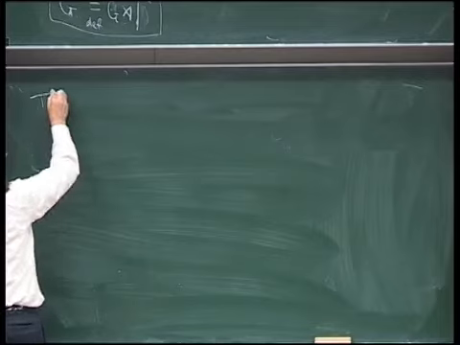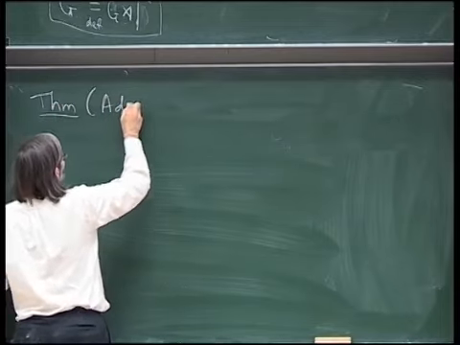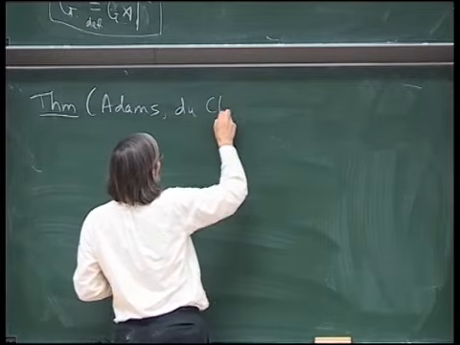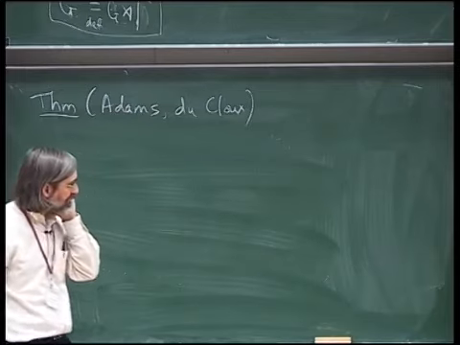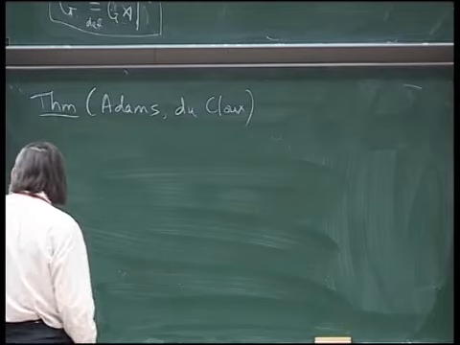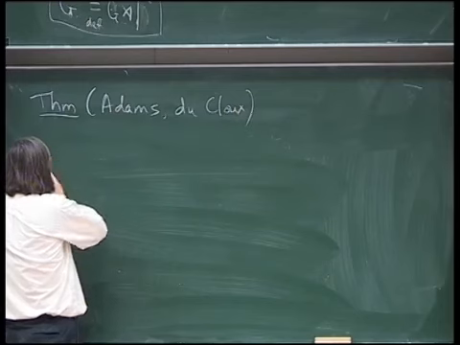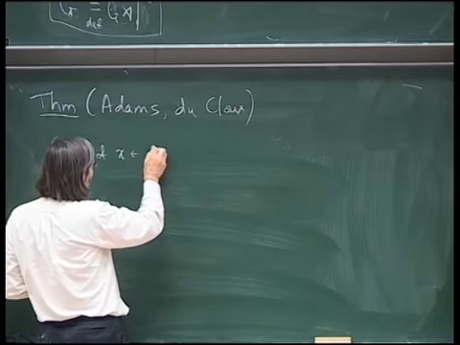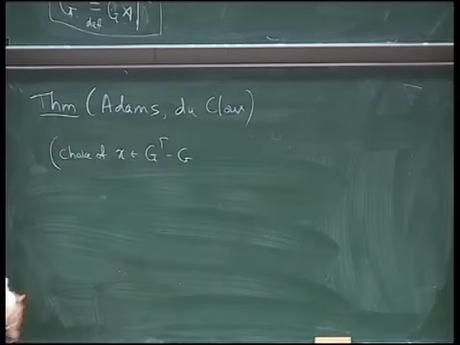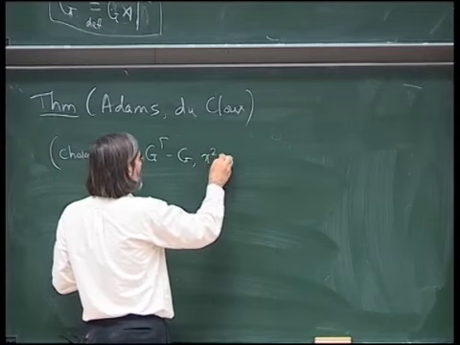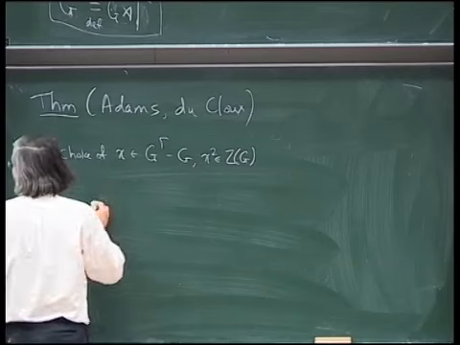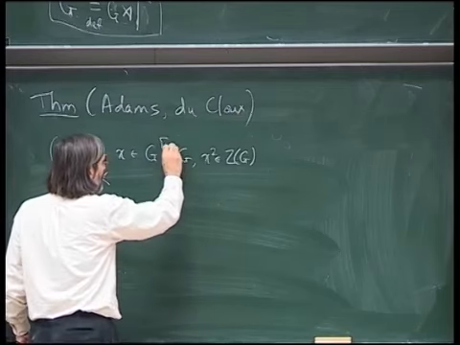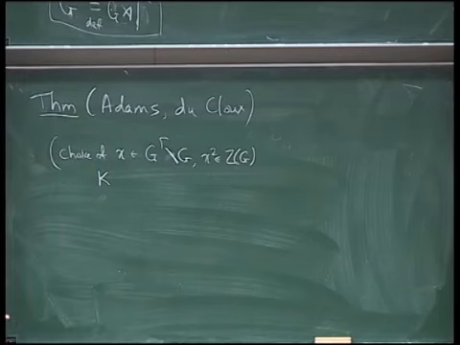So the version of this theorem which Jeff Adams and Fokko du Cloux worked out says that these pairs, some choice of x in this G gamma minus G, x squared in the center, and I mean, I'm allowed to consider inner.